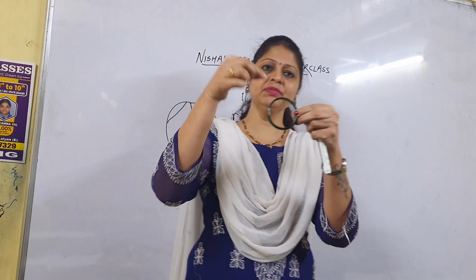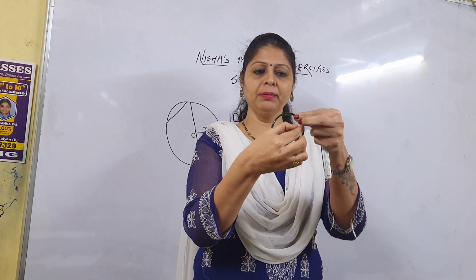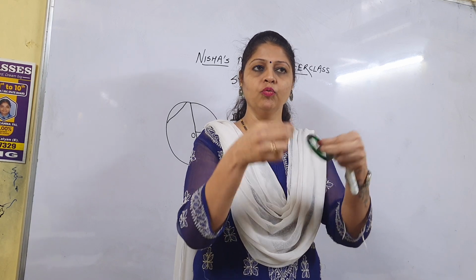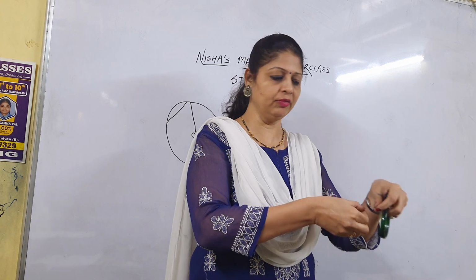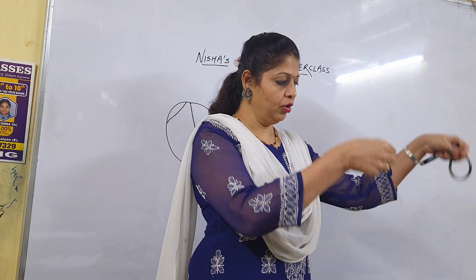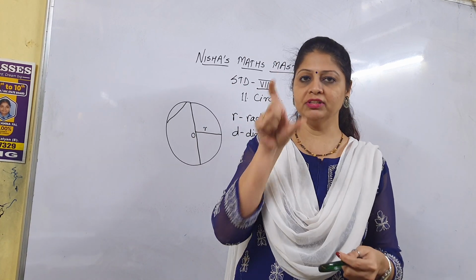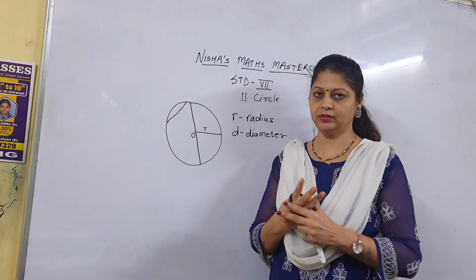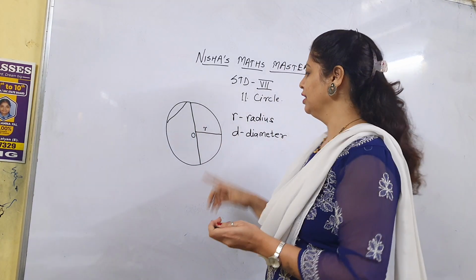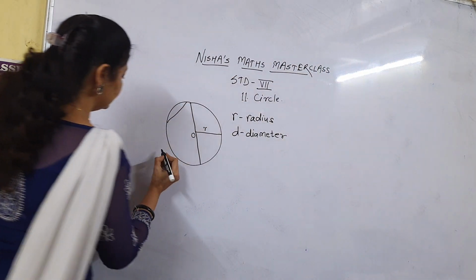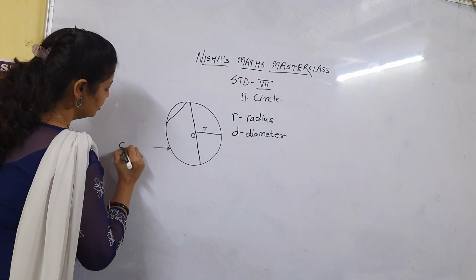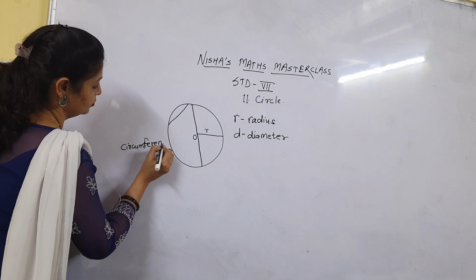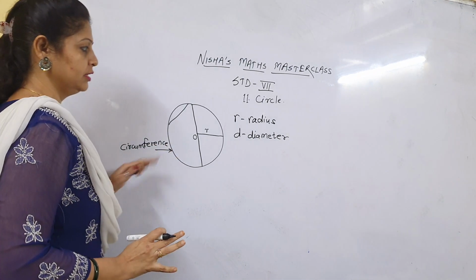Then place the same thread on the scale. Whatever measurement you see, that is the circumference of that circle. This edge of the circle is called circumference. Understood children? Simple and easy.